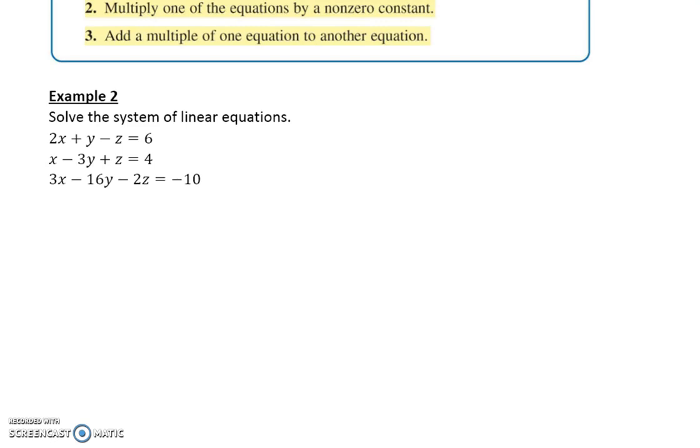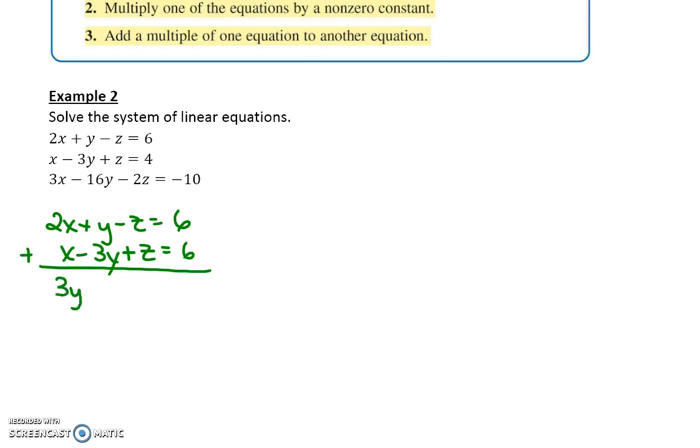So what I'm going to do is I will first take those first 2 and rewrite them down here, because I noticed that I have a negative z in the first one and a positive z in the second one. So I can just go ahead and add those 2 equations. And that will cancel out my z's.